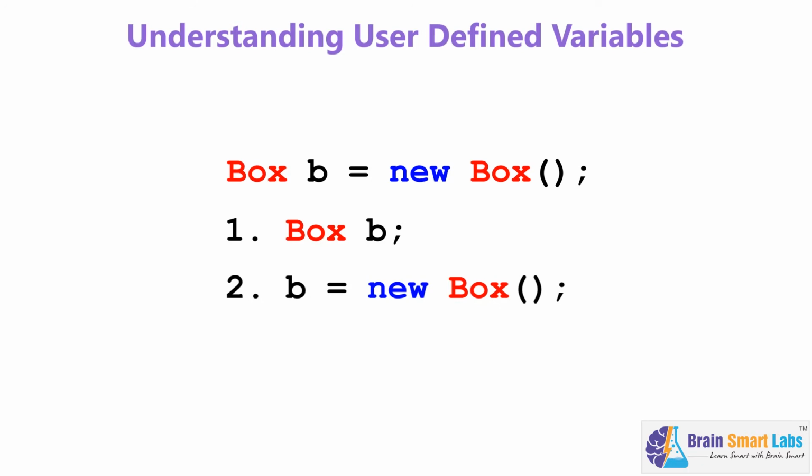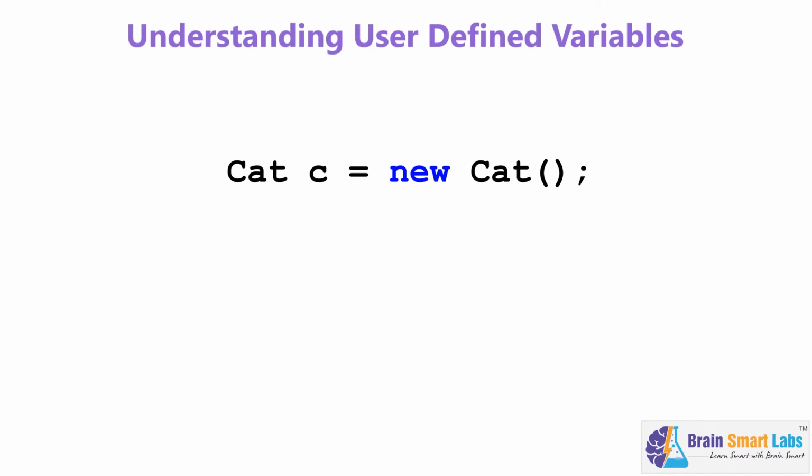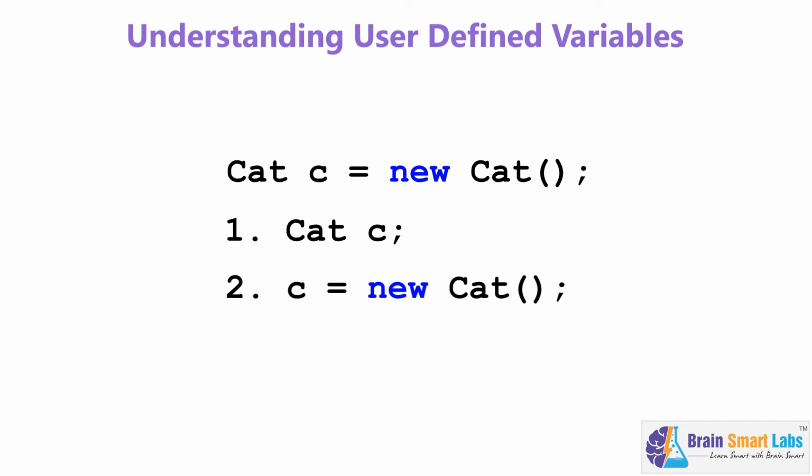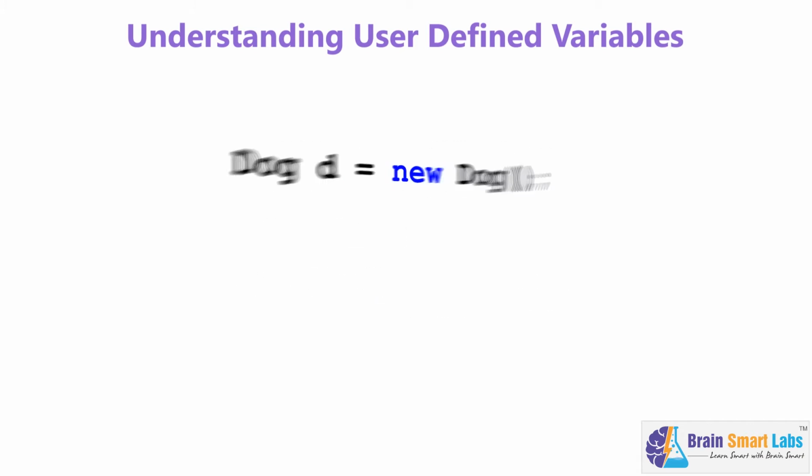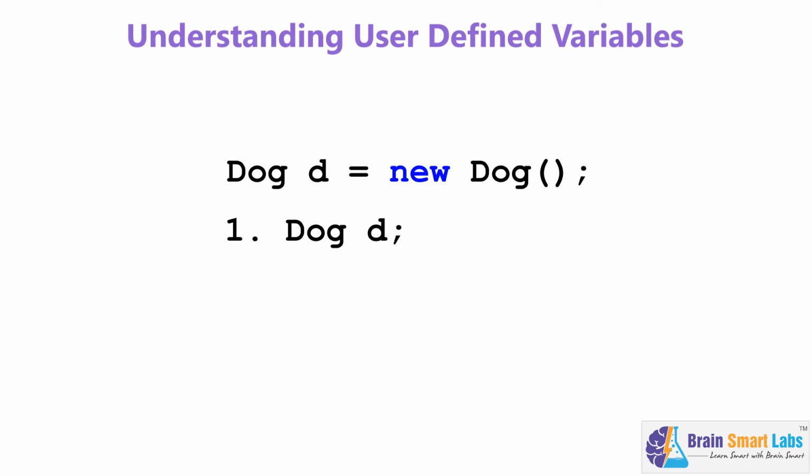Similarly, for a statement cat c equal to new cat, you can separate it as cat c in one line and c is equal to new cat in the other line. If you choose to split the statement dog d equal to new dog, dog d can be written as a separate statement and d equal to new dog can be written as a separate statement.